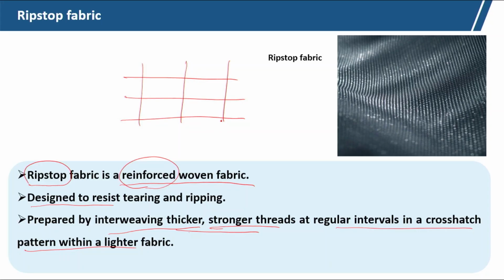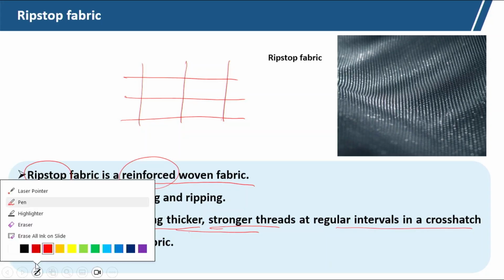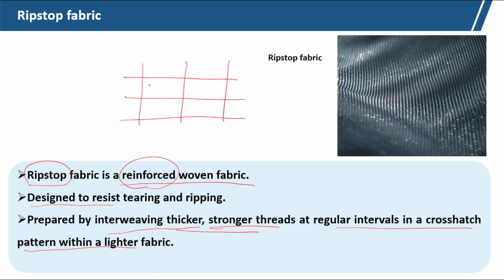These are the stronger yarns. In between, normal yarn patterns will be there, the green colors are normal yarn. So, at certain intervals we can use the stronger yarn, and this type of structure will be there.